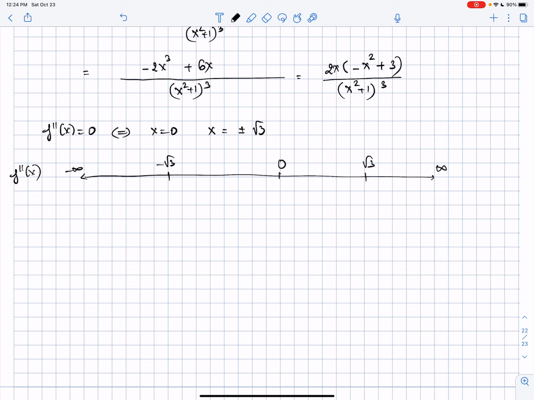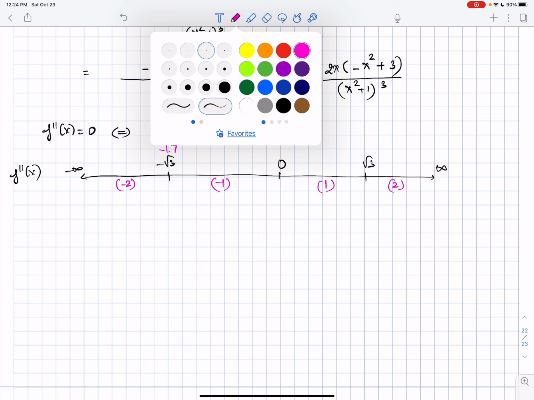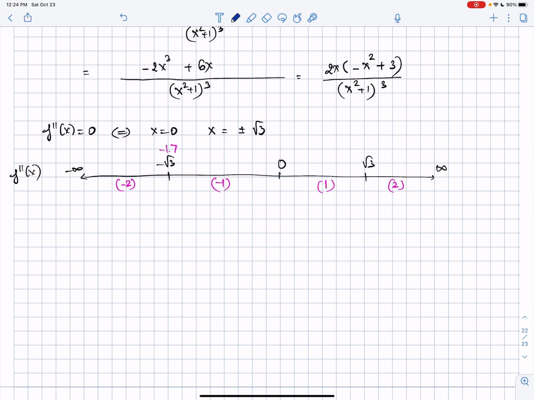So we will plug in test points. For example, right here, this is like negative 1.7, so you can put in like negative 2, negative 1, 1, and 2. Okay, so we will get plus here, minus here, plus here, and minus here.